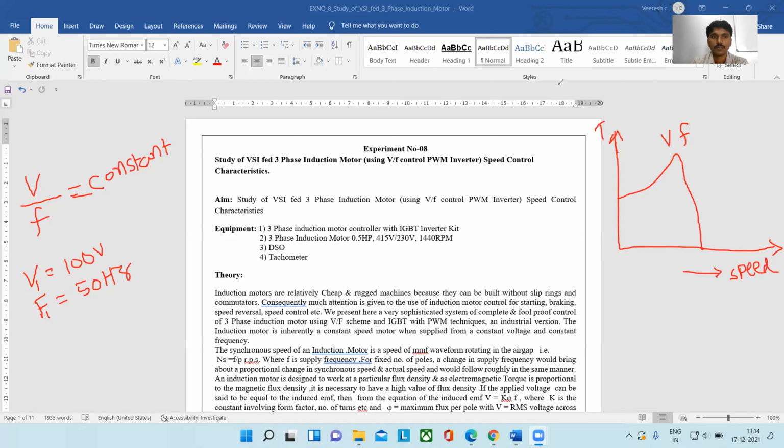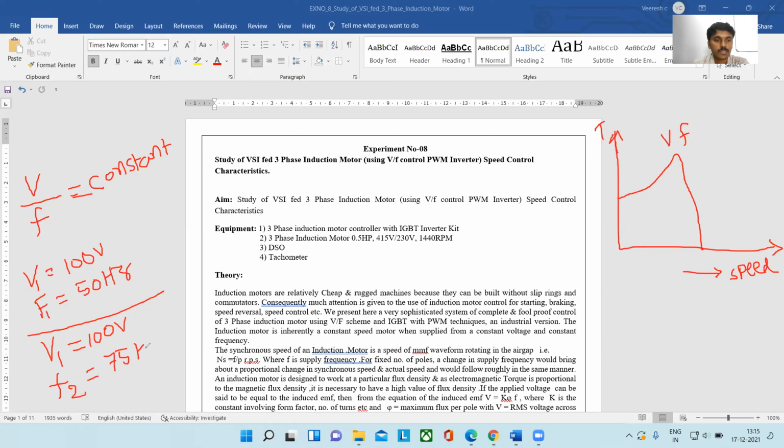Now we are going to increase the frequency and keep the voltage constant. We are not changing anything else. So in the second case, V1 is as it is, equal to 100 volts, and frequency increases from 50 hertz to, for example, 75 hertz.